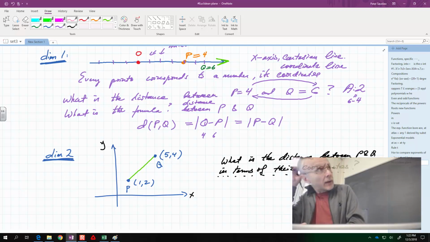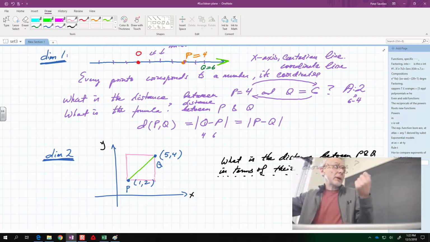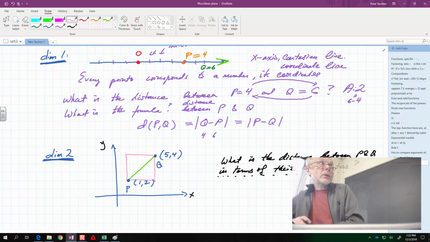It's like you have some kind of rectangular object, maybe a tile, and you want to measure or compute. You can measure, obviously, but if you only know the dimensions of the tile, you don't know the diagonal, which is what you want to find.